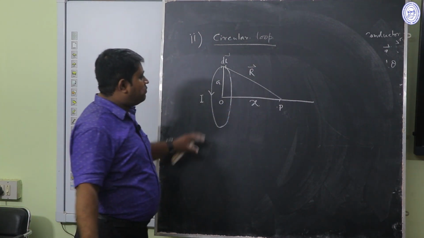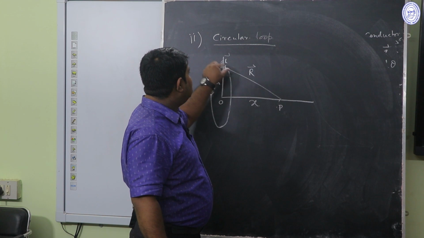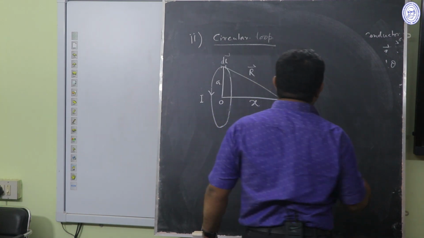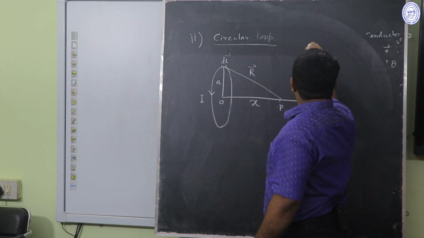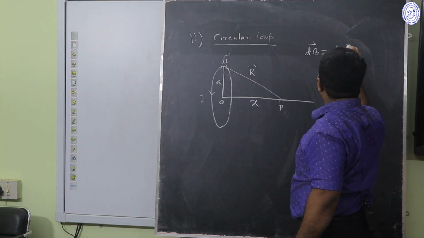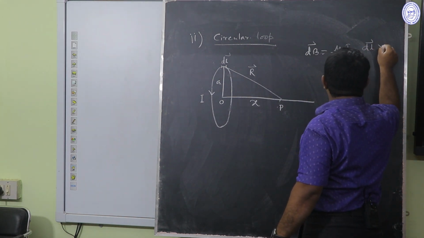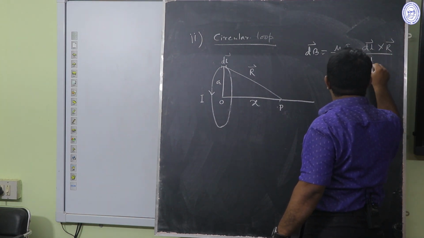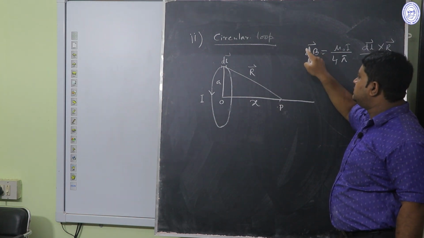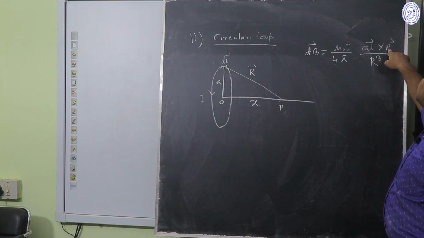Now, according to Biot-Savart law, the magnetic field at point P due to the elementary length dl is dB equal to mu 0 I by 4 pi, dl cross r by r cube. The direction of the magnetic field is perpendicular to the length as well as r.